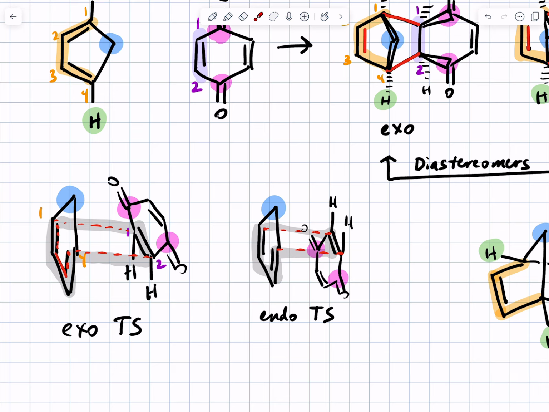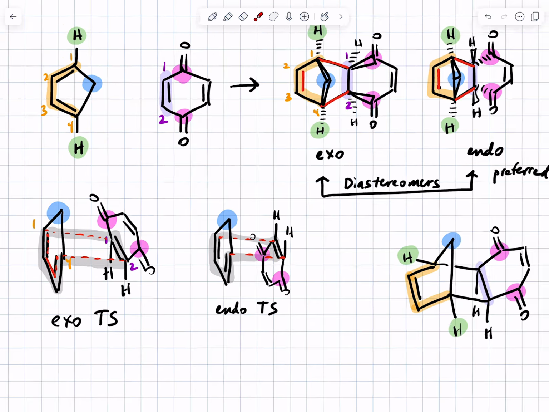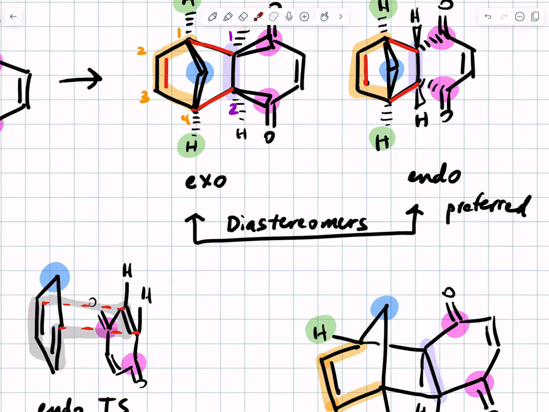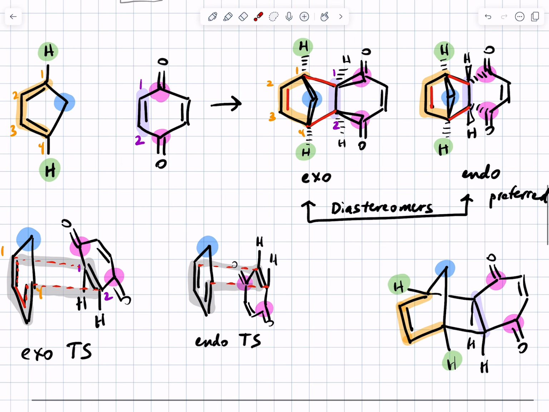Endo is in and exo is out. So it's possible that they're calling this direction the in direction and that direction the out direction. I don't know, it's kind of arbitrary. How do you remember it? You need a mnemonic device.